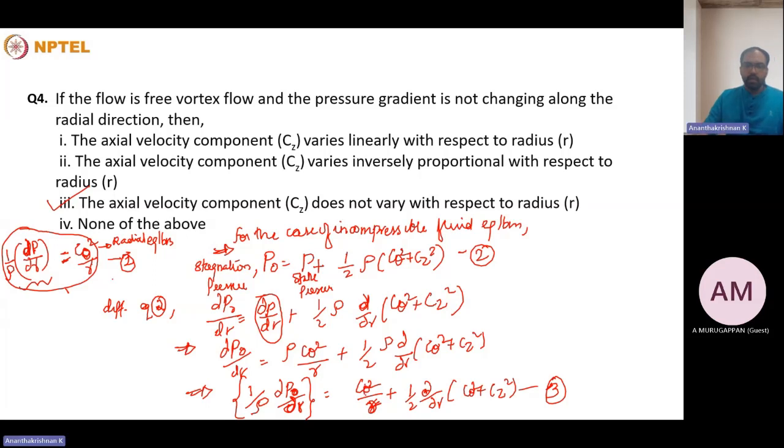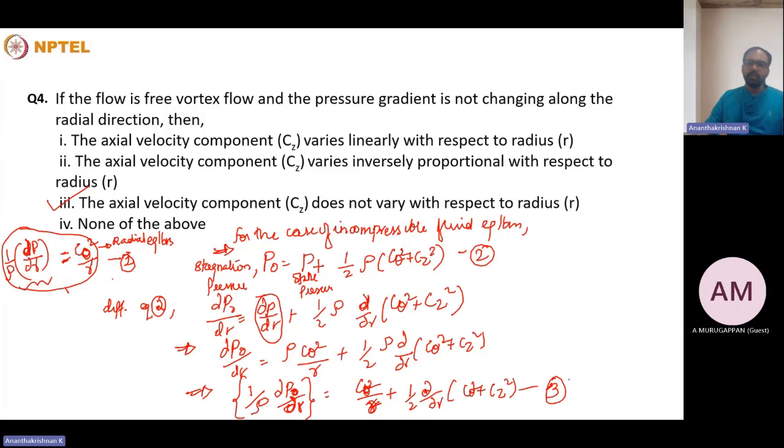So that is a function of the centrifugal force term and a force term that will be taking into account the tangential velocity component as well as the axial velocity component.